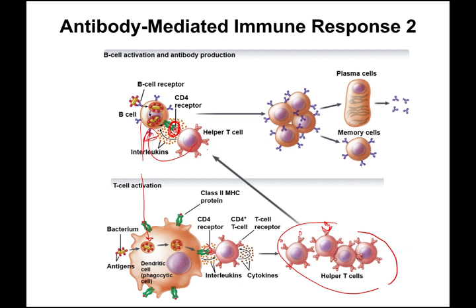This leads again to the production of interleukins, in this case by the T cells, which then stimulate the B cells to expand. So now you have millions of B cells with the receptor specific for this antigen being produced, right? These cells lead to two things. They lead to the formation of plasma cells.